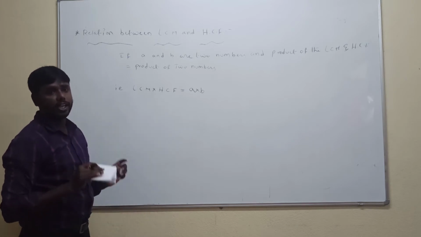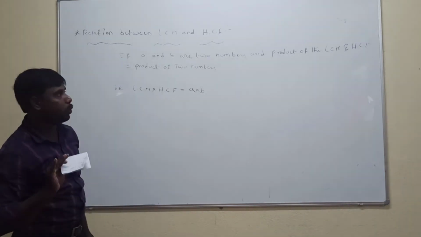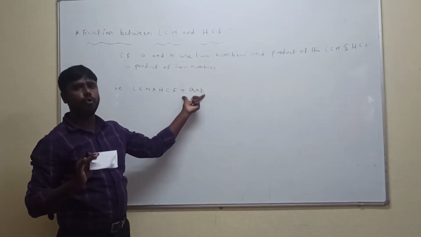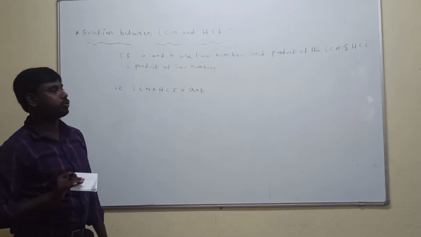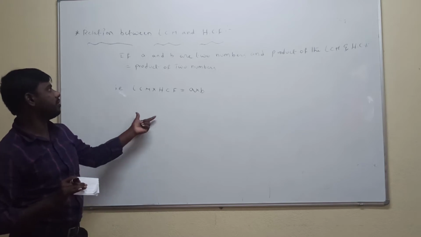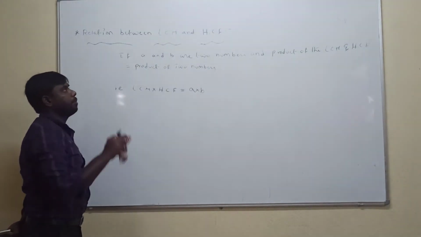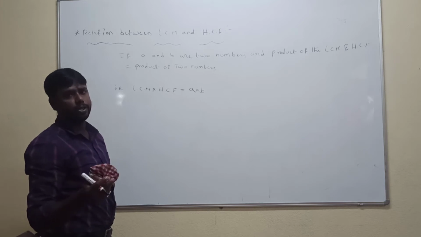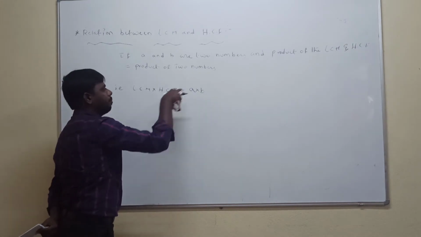So understood? The relation between LCM and HCF formula is: if A and B are two numbers, the product of the LCM and HCF is equal to the product of two numbers.